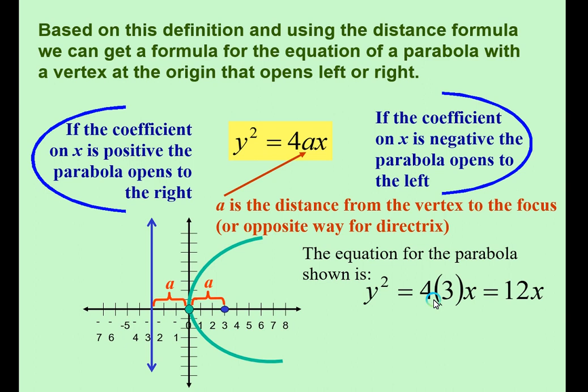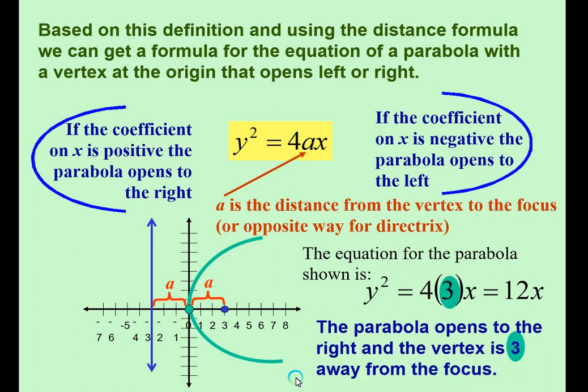Therefore, the equation of the parabola is y squared is equal to 12x. Take note, we have positive 12 here because our parabola is opening to the right. The parabola opens to the right and the vertex is 3 units away from the focus.